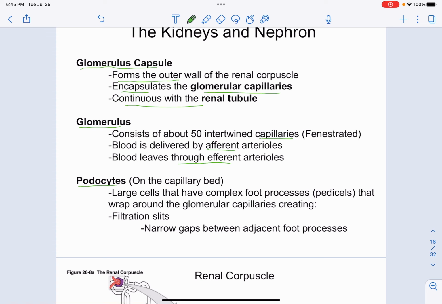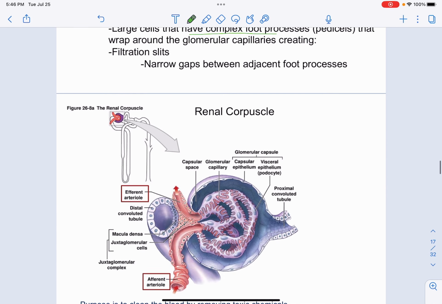These cells sit down on those capillaries, and they have large foot processes called pedicels that wrap around the capillaries and create filtration slits, which are narrow gaps. This is like taking a cheesecloth and then using a strainer. So we're going to do double filtering, basically.